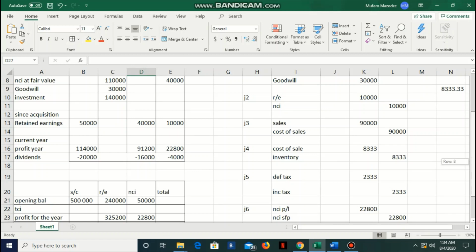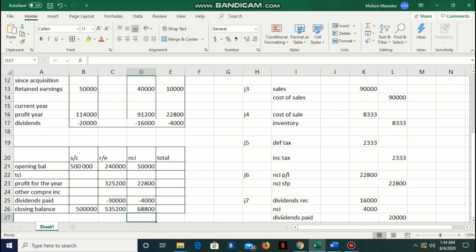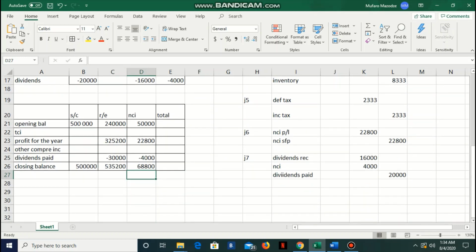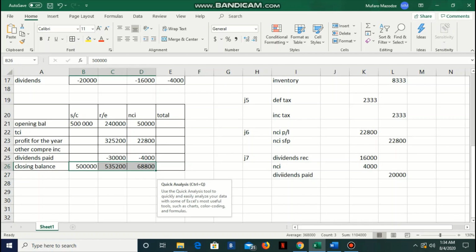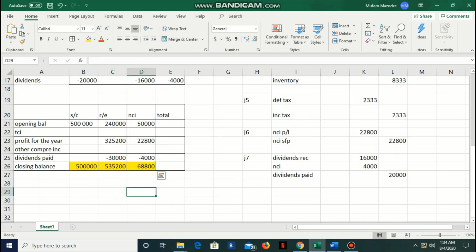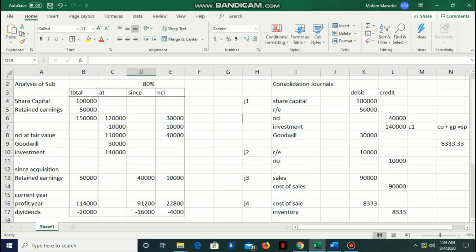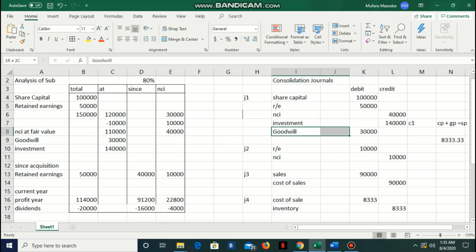And it will be all about taking into consideration your consolidated journals as well. And then the SFP, these amounts you literally take to your consolidated financial statement.